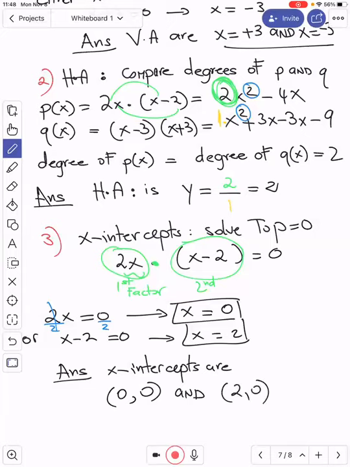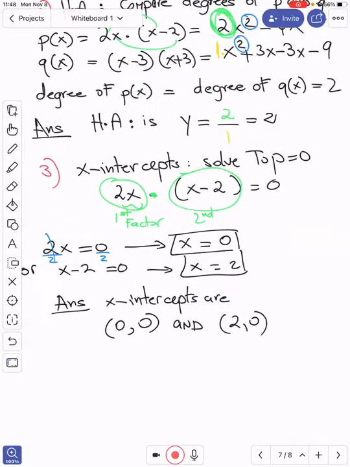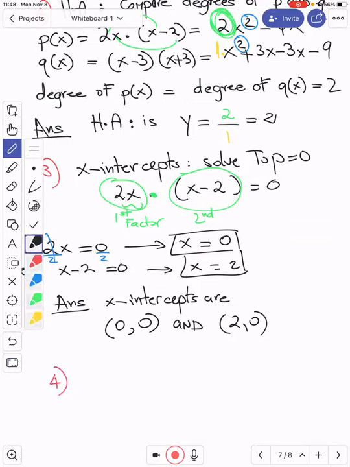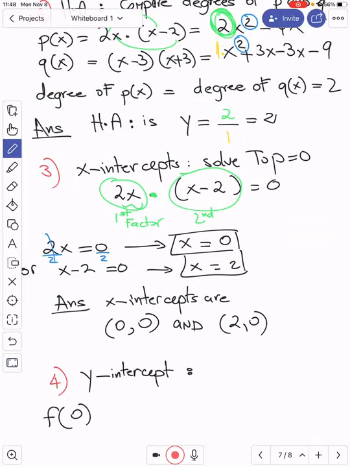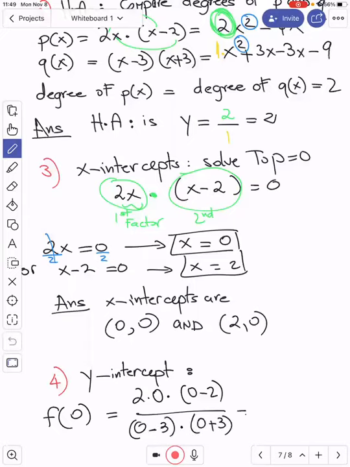Now, for the y-intercept, this is kind of different from the previous examples. It turns out that the y-intercept is also 0, 0. For the y-intercept, again, just evaluate f of 0. So it's 2 times 0, times 0 minus 2, over 0 minus 3 times 0 plus 3. Just replace x by 0.